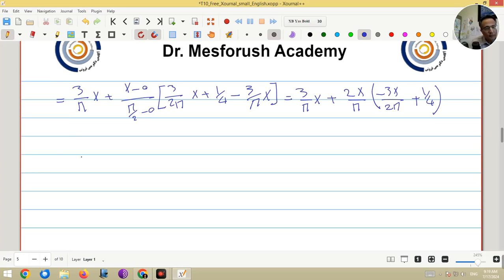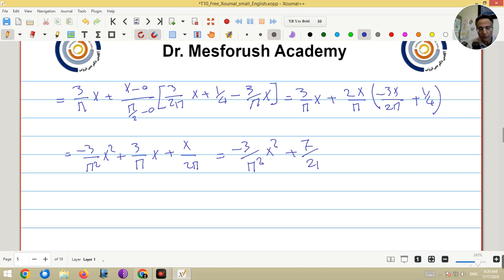Okay, and if you continue the computation, it will be minus 3 over π squared x squared plus 3 over π x plus x over 2π, and if you simplify this term, it's minus 3 over π squared x squared plus 7 over 2π x, and in fact this is our desired polynomial for R of x.